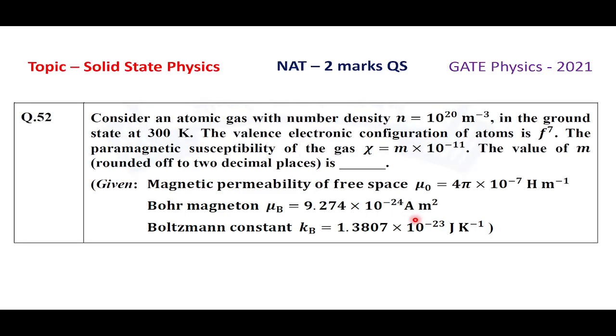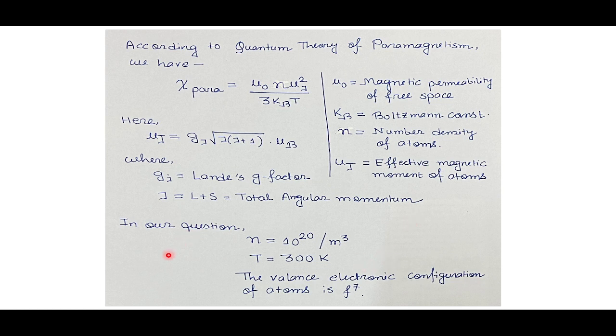To find the J value, because gJ will depend on J, L and S, first you have to know the information about the system, that is J, L and S. The valence electronic configuration is given as F7, the outermost electronic shell.